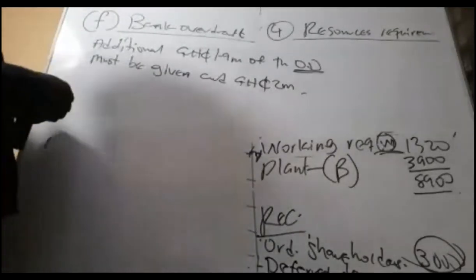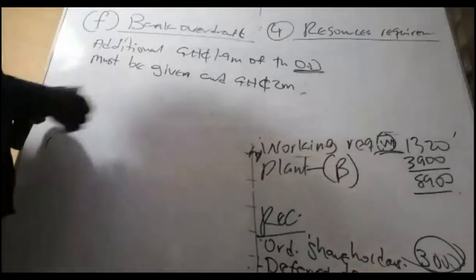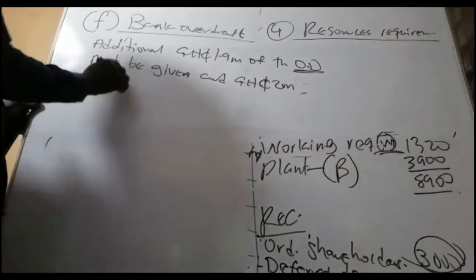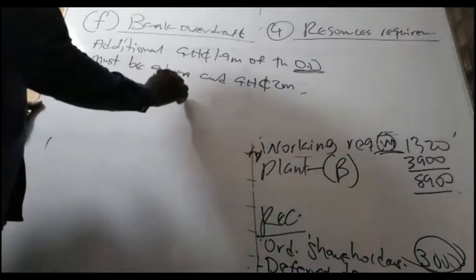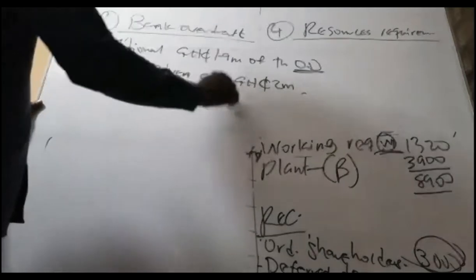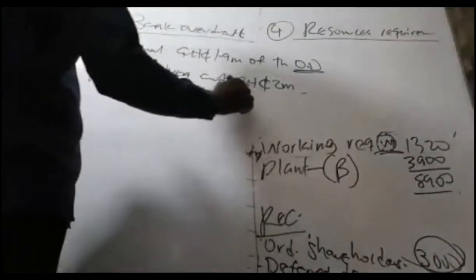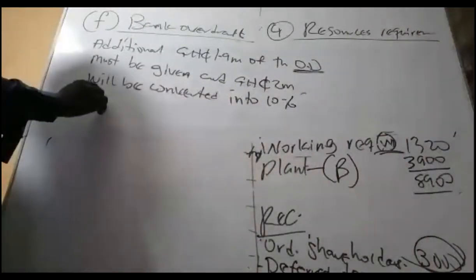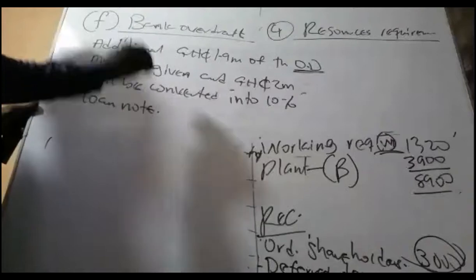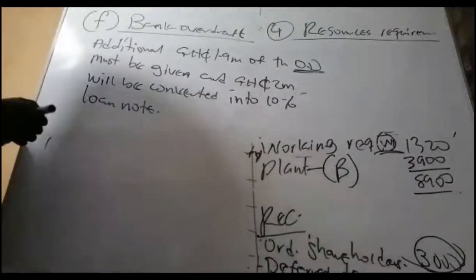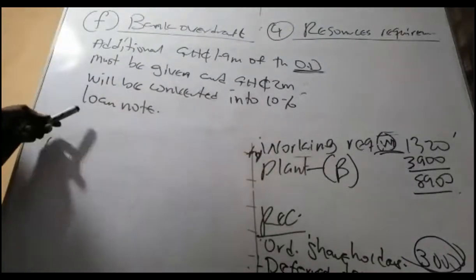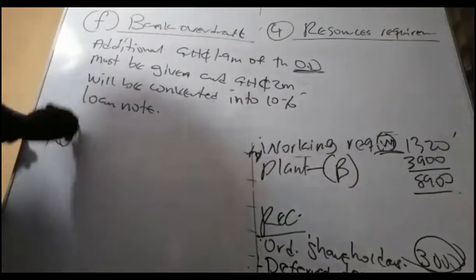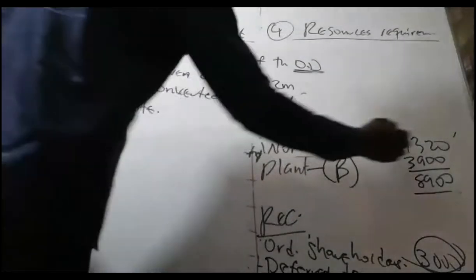So additional 1.9 million of the overdraft must be given by the bank, and 2 million will be converted into 10% loan notes or 10% loan. We are done. So that's all for the bank overdraft. Then G, the next item, talk about the working capital requirement.